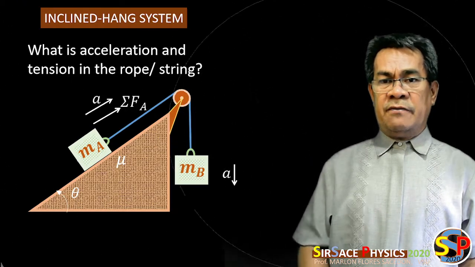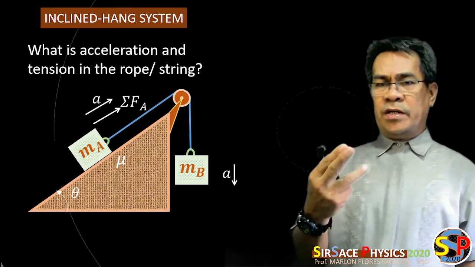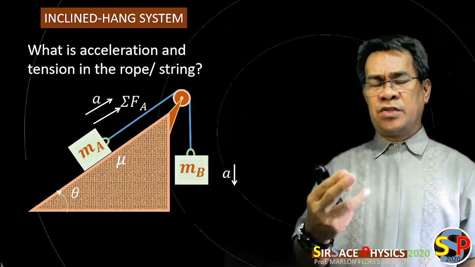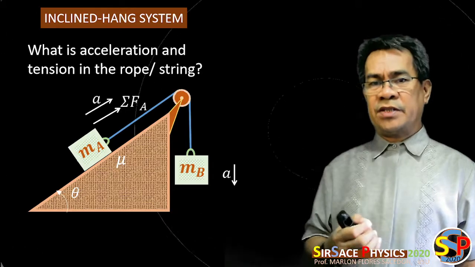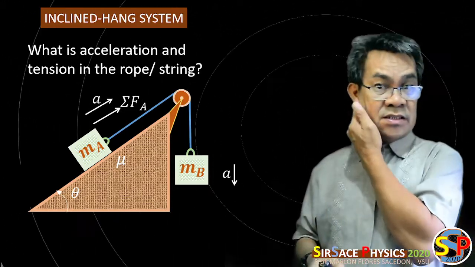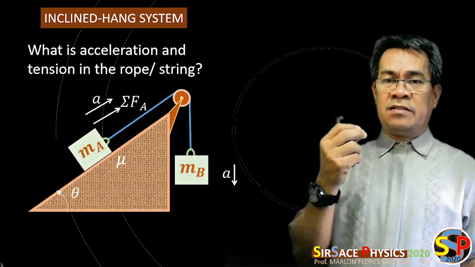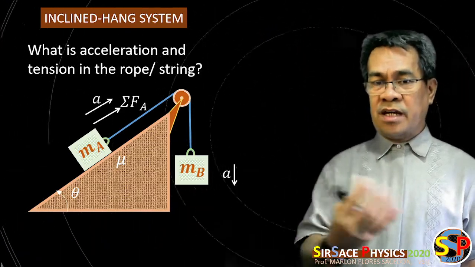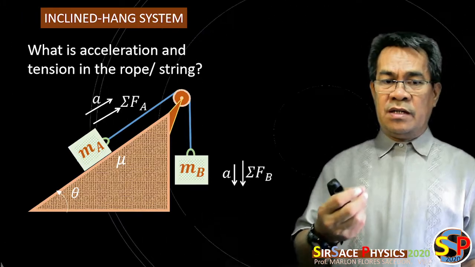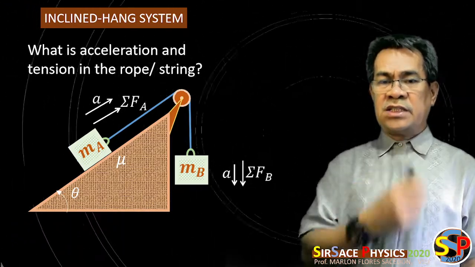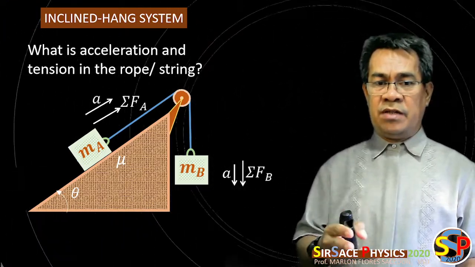So therefore, since A will move upward, we are very sure that the net external force is along that axis, along that line. So we have the net external force on mass A, and another net external force on mass B, which is downward.